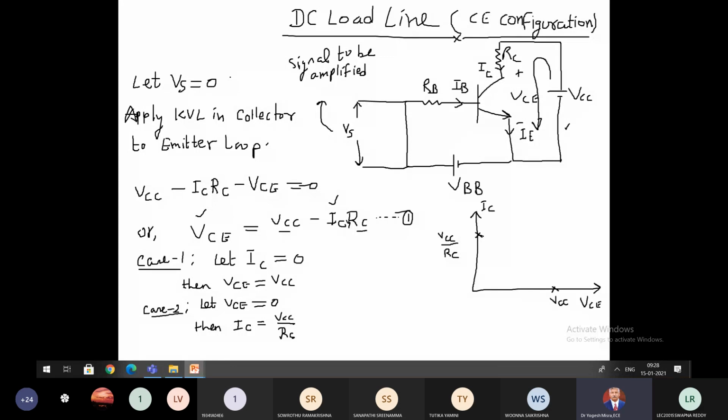And if we join these 2 points, then this is your DC load line. This is your DC load line. Right? Okay.